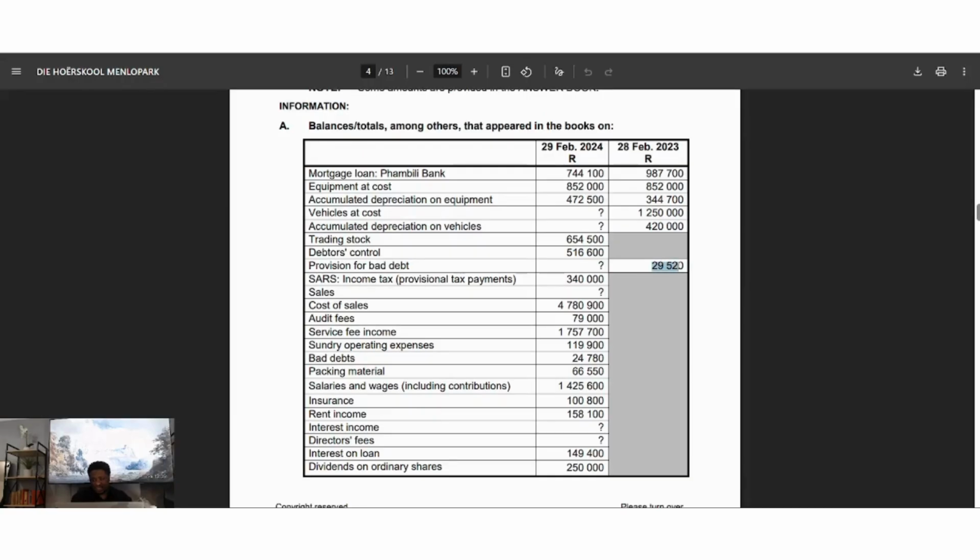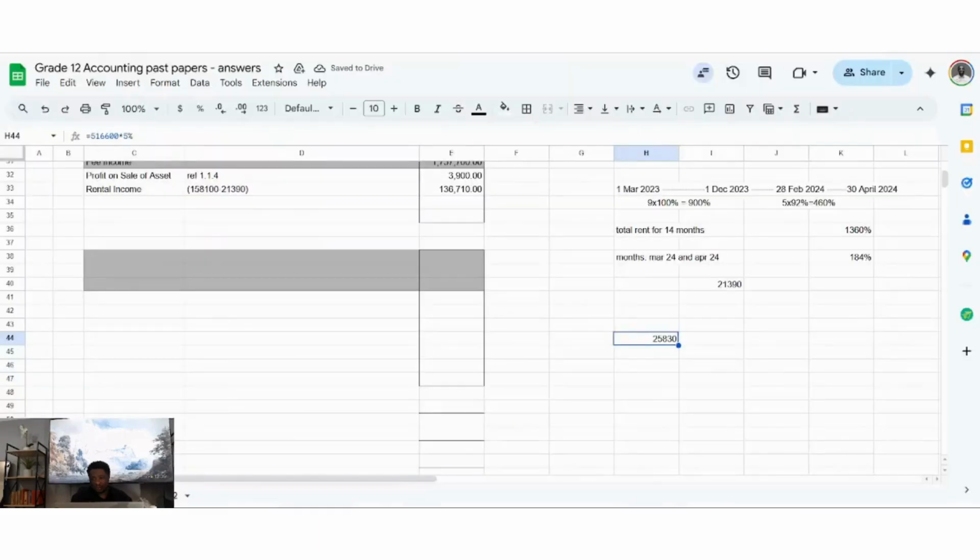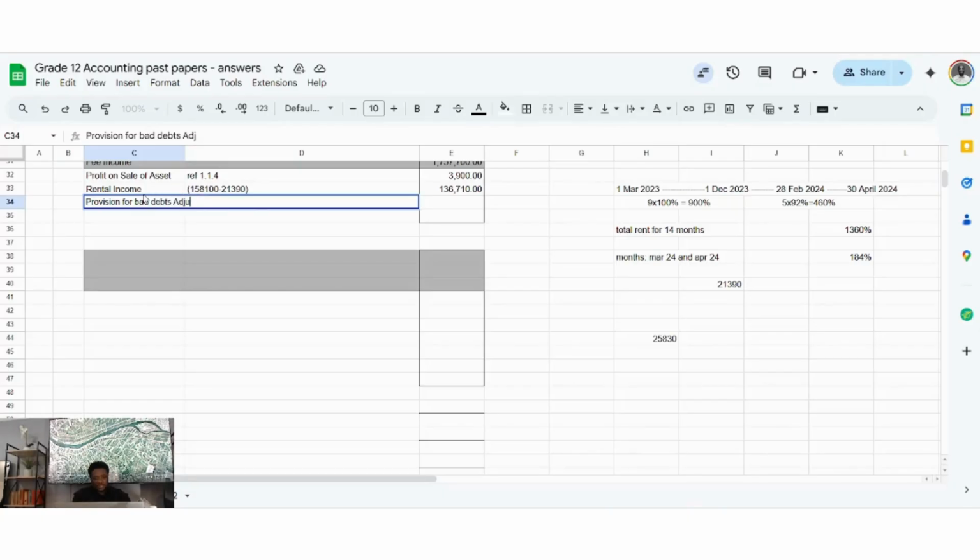Provision for bad debts last year was 25,520, and now it is increasing to 25,830, and a decrease in provision for bad debts adjustment is basically an income. So then we're going to have provision for bad debts adjustment.